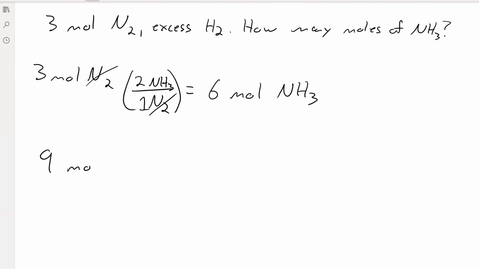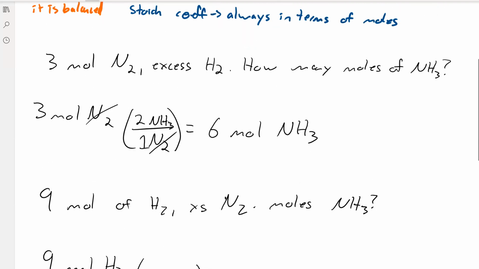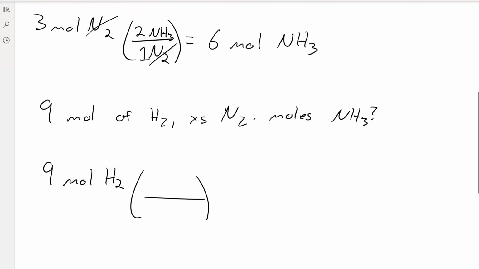What if we had 9 moles of H2 with some excess of N2? How many moles of NH3 could we form? Again, we're going to start off with what we have, 9 moles of H2. And then we can just use our chemical equation. In front of the H2, there's a 3. So it goes 3H2.